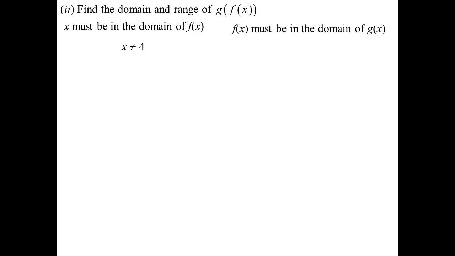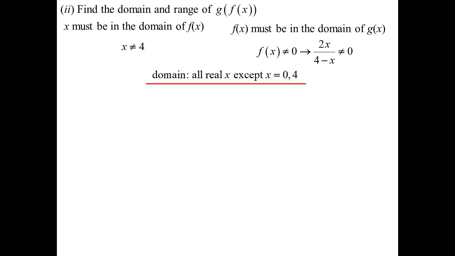All right, well, we said with g(x), we can't substitute in 0, which means the answer to f(x) can't be 0, because I can't substitute it in. So 2x on 4 minus x can't equal 0. Well, if I was to solve that, that just gives me that x can't equal 0. There's my domain of the composite function. Everything except I won't be able to substitute 0 in, and I won't be able to substitute 4 in.